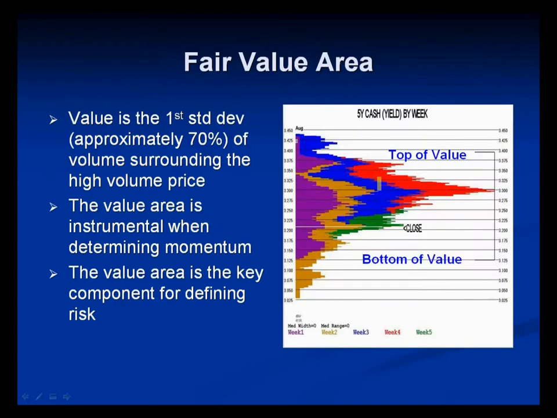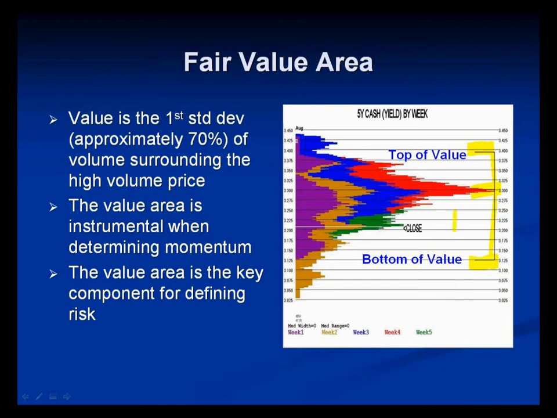As far as fair value is concerned, on occasion when I send you the charts, you will see these staple-looking structures here. What that tells me is the standard deviation of volume around the high volume price. And why is this important? Well, I use value areas as one of, if not the main, ingredient for defining risk.